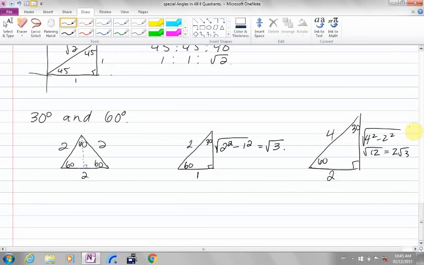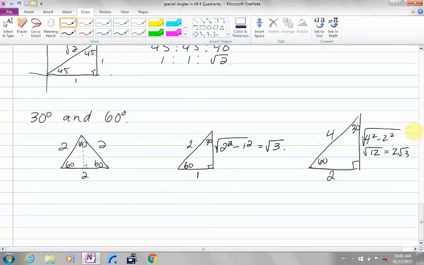Okay, so we've got the hypotenuse is the side across from the right angle, and then we've got the 2 legs. So, which leg is the shortest leg? 1 or root 3? 1. Thank you. Right? Because 1 squared is 1. And root 3 squared is 3, so root 3 has to be bigger, right?